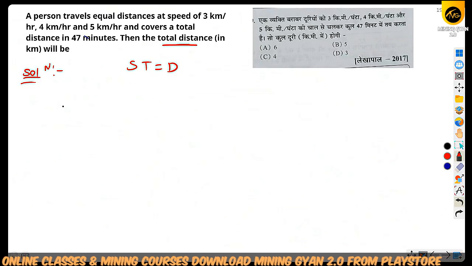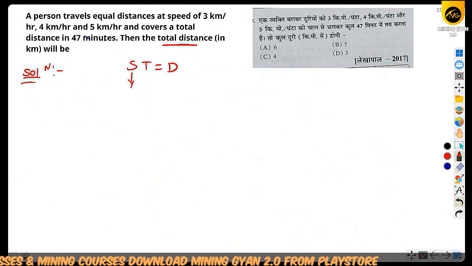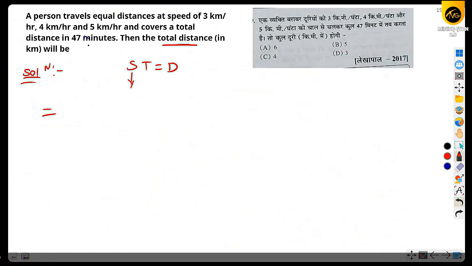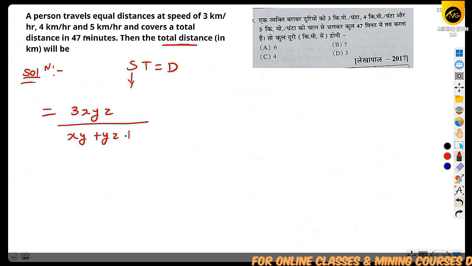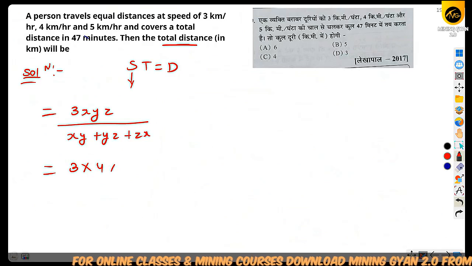Because we have 3 different speeds, first of all we have to find the average speed. Then you can use the average speed in place of S. Now, if you have 3 different speeds, then you have to use the formula 3xyz divided by xy plus yz plus zx. So 3 into the speeds, which are 3 into 4 into 5.